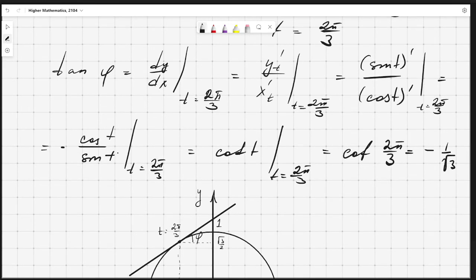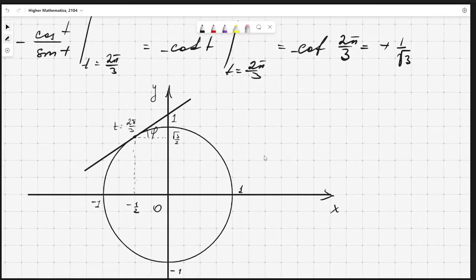I forgot minus. Plus. It means phi is pi over 6.